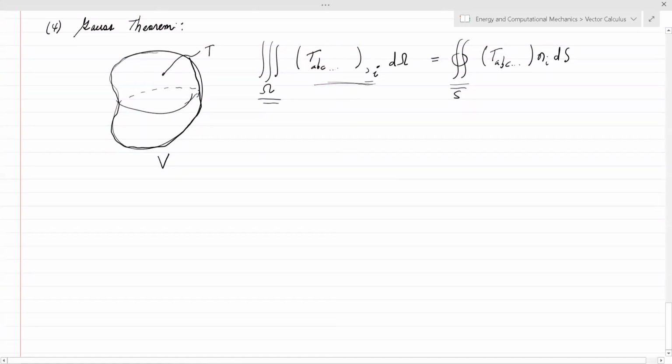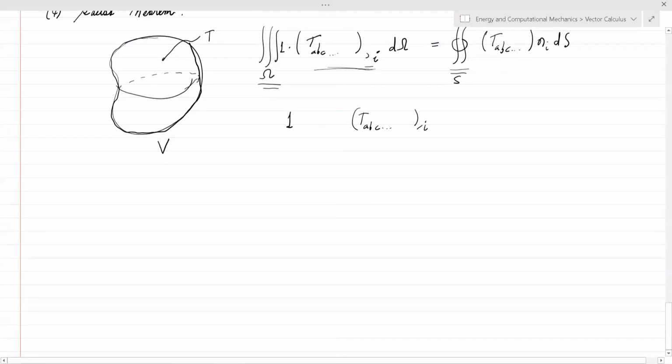To do this operation, what I want you to learn now is to multiply by one times something. So you put the thing on the left-hand side and this on the right-hand side. And I'm going to integrate by parts. So I'm going to put the comma i over here and remove it.